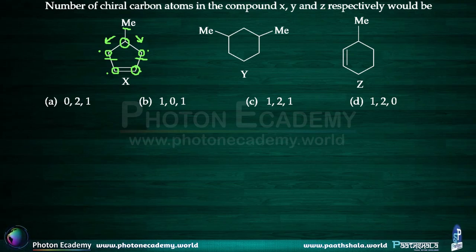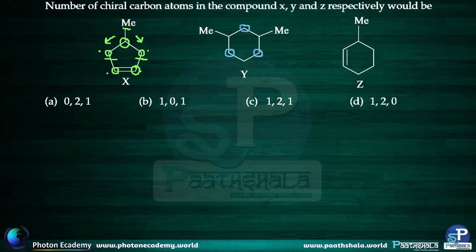Here, what we understand is that these four carbon atoms are not going to be chiral carbons as all of these atoms have two hydrogen atoms bonded to them, and the carbon atoms of the methyl group cannot be chiral.